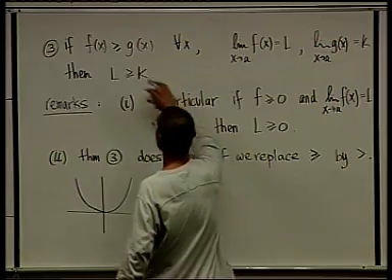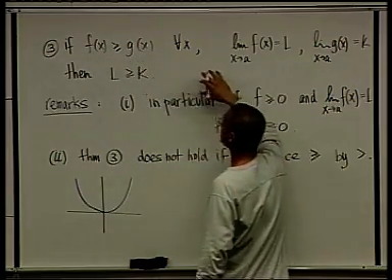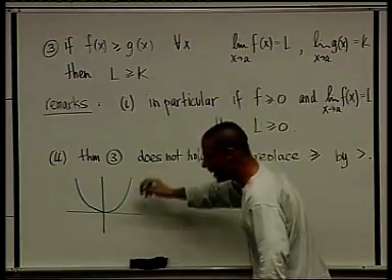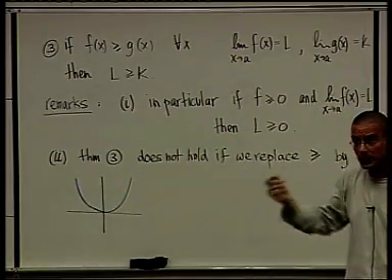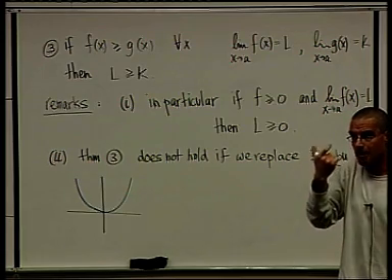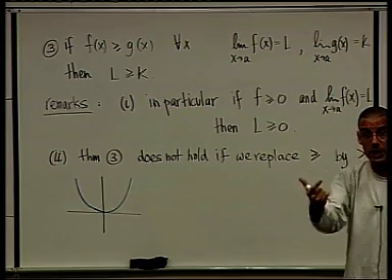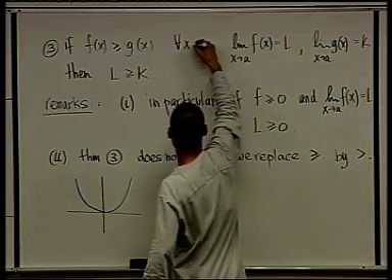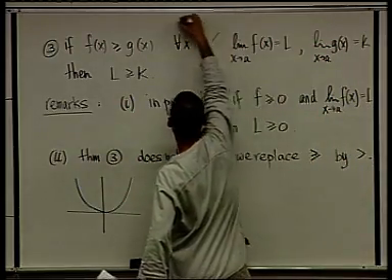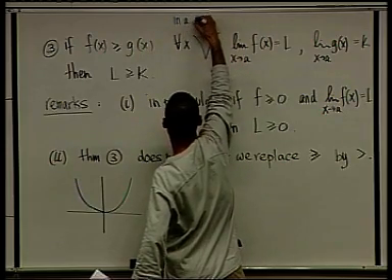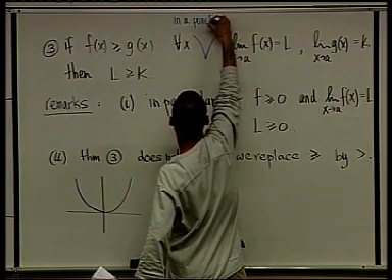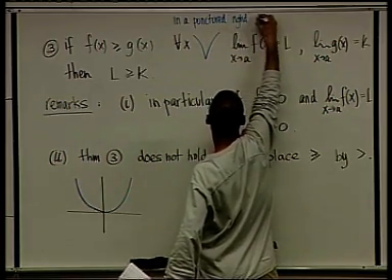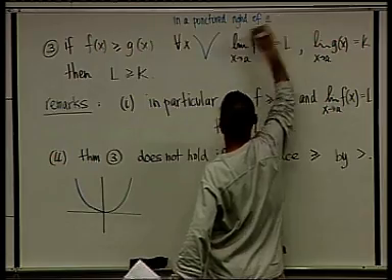So, if f of x is greater than or equal to g of x, for every x, I'm not going to write for every x, because I don't care what happens far away. I only care about what happens in a punctured neighborhood of A. That's where the definition of the limit lives. So for any x, add here, in a punctured neighborhood of A.